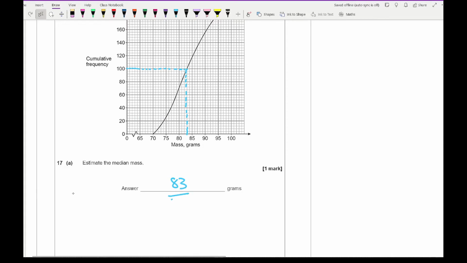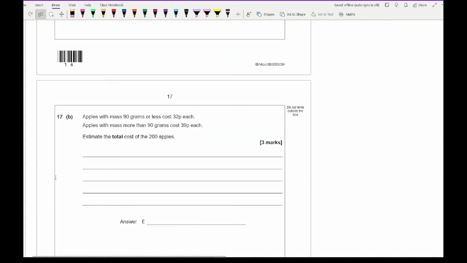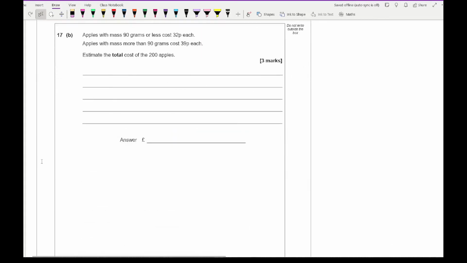Then question 17b says the apples with mass of 90 grams or less cost 32 pence each. Apples with a mass of more than 90 grams cost 39 pence each. Estimate the total cost of the 200 apples.